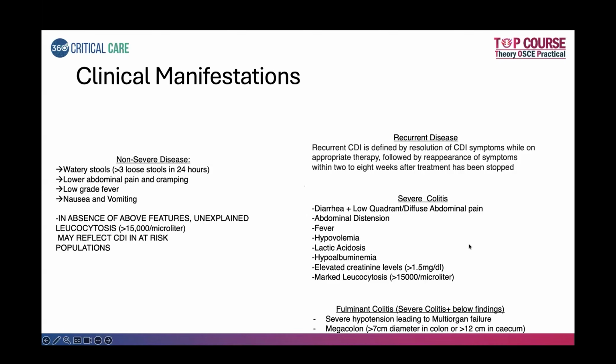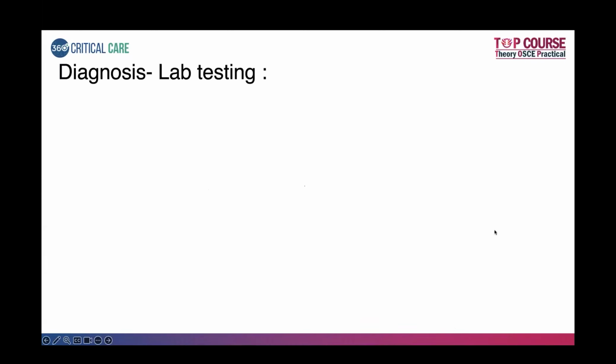Then you have fulminant colitis, that is severe colitis with the below findings: severe hypotension leading to multi-organ dysfunction and megacolon, more than 7 centimeter diameter in colon or more than 12 centimeters in the cecum. So four manifestations can occur: non-severe disease, recurrent disease, severe colitis, and fulminant colitis.